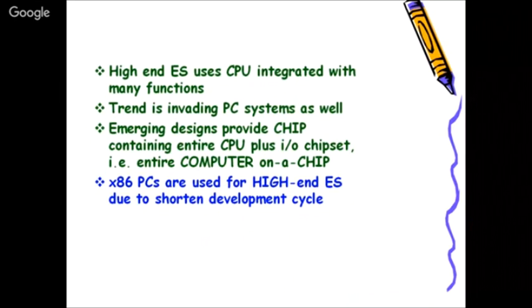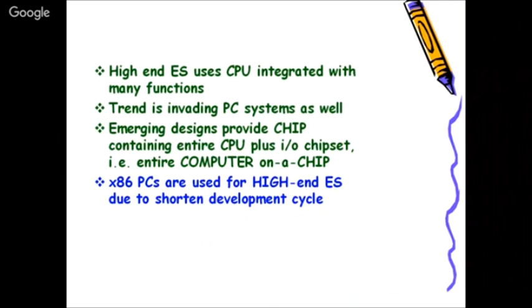In PC systems also, a number of functionalities are being added. Now there is a competition between general purpose PCs and the embedded system market. Both are invading and trying to overlap and compete with each other. But both definitely have their own trade-offs, merits, demerits, and strengths.